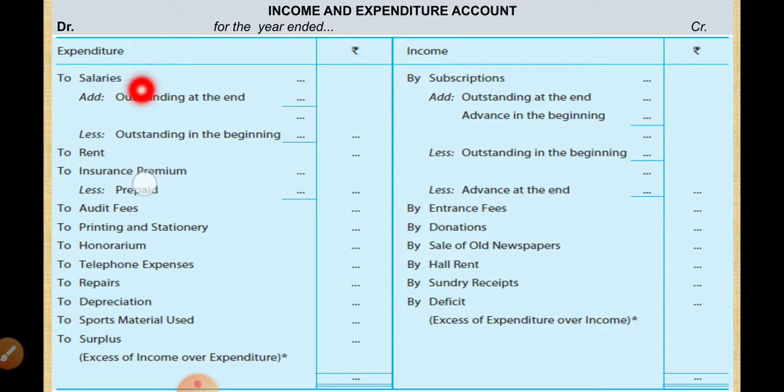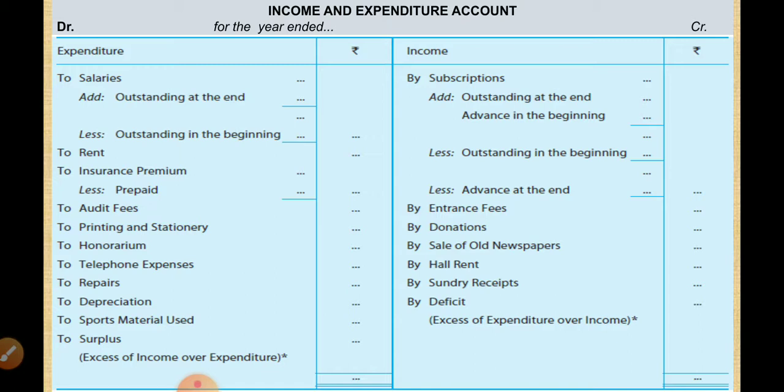Similarly, any expenses which we are paying in the current year, if it belongs to previous year or if it belongs to next year, it may be outstanding expense of previous year paid during this year, or it may be prepaid expense of the next year paid during this year, current year. Such outstanding expenses of previous year and prepaid expenses of the next year have to be excluded. This you have to remember.